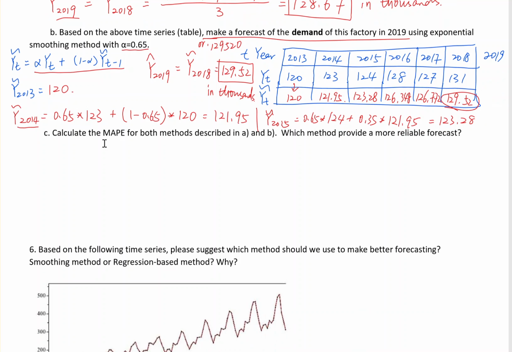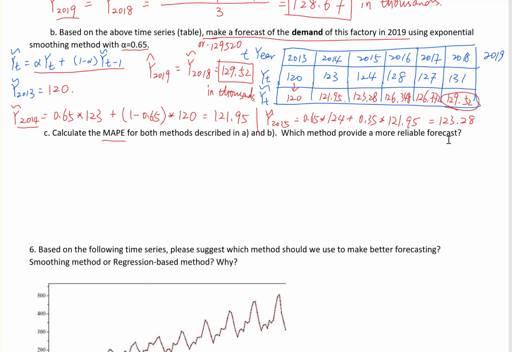Next one, calculate the MAPE for both methods described in A and B. In your question, I just separated this for A and B and decide which method provides a more reliable forecast.